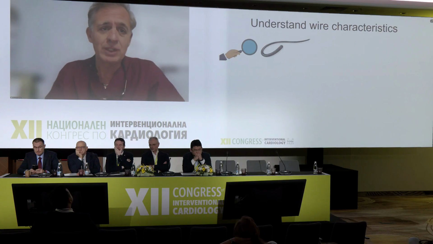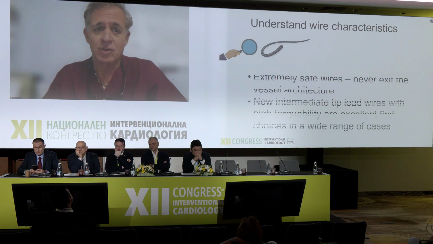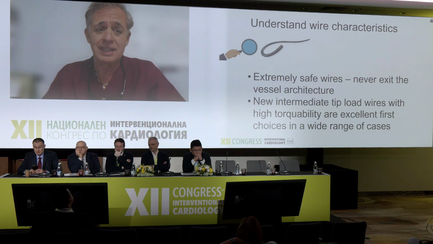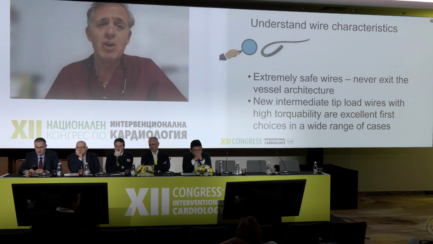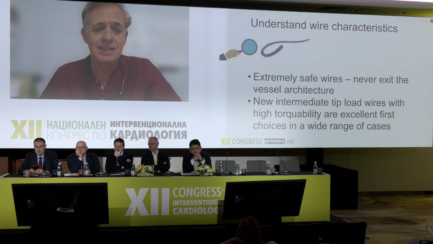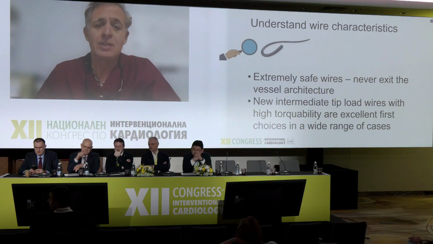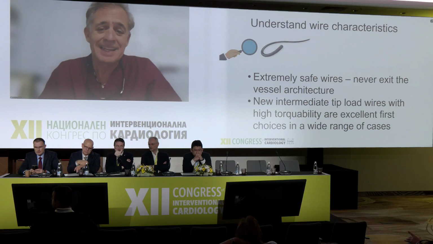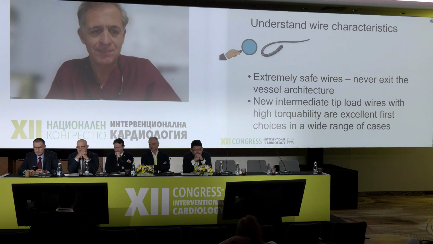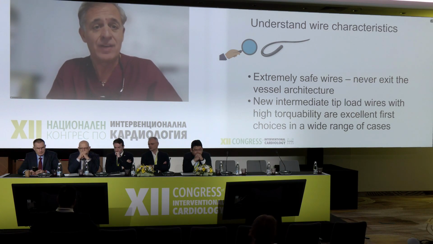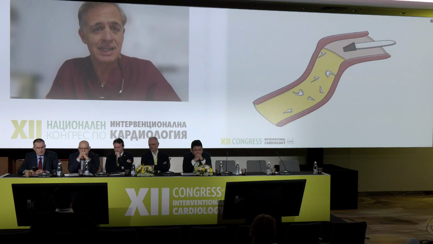Doing that, we need to understand wire characteristics. So we know that new intermediate tip load polymer jacket wires like Gladius EX have great torqueability, a good torque response, and they are an excellent first choice in a wide range of cases. They are extremely safe wires, and they never exit the vessel architecture, and this is really important.